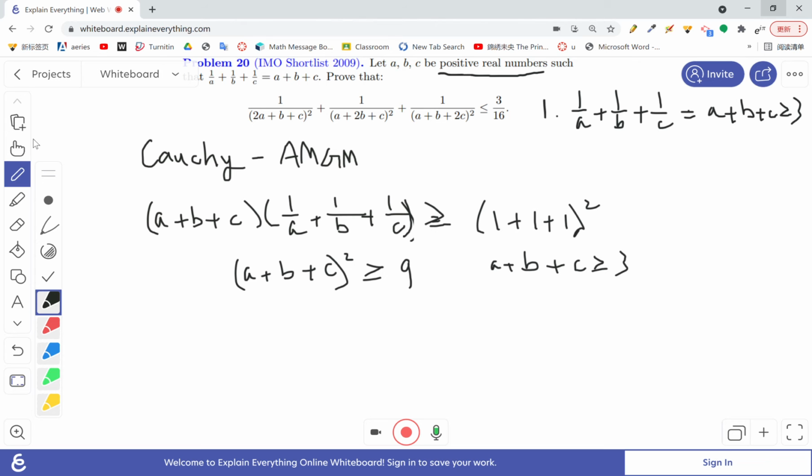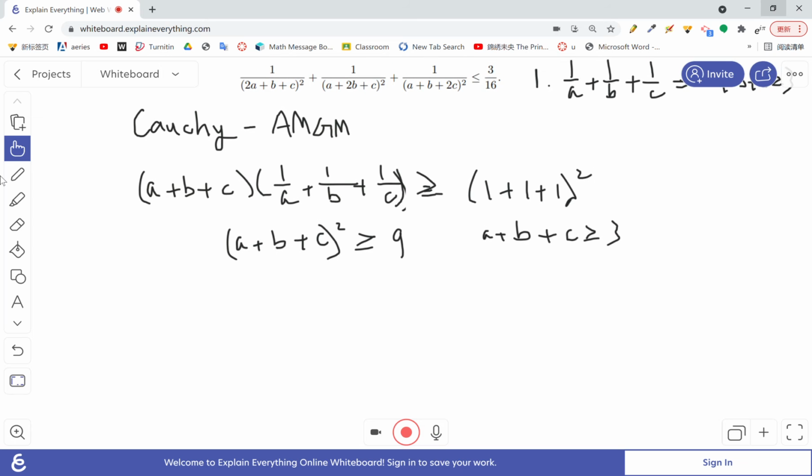Now we can use Cauchy-Schwarz again. We're going to multiply this by (2a plus b plus c) squared plus (a plus 2b plus c) squared plus (a plus b plus 2c) squared, which we can write as a cyclical sum.